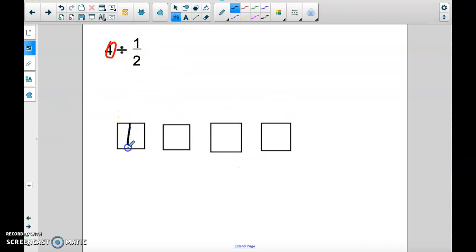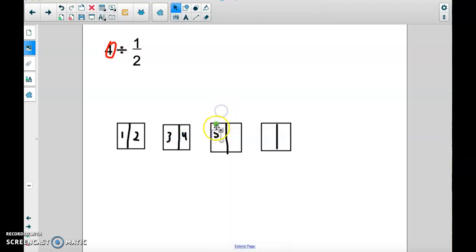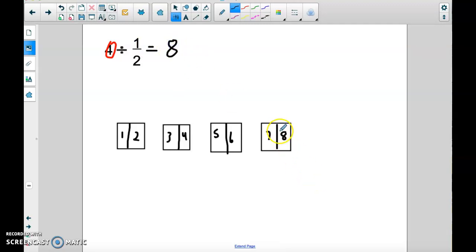So I'm just going to split each one in half and count how many groups of 1/2 there are. 1, 2, 3, 4, 5, 6, 7, 8. So then the answer is quite simply 8. There's 8 1/2s in 4 wholes.